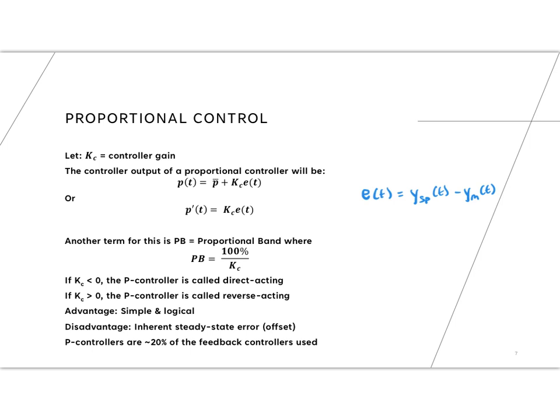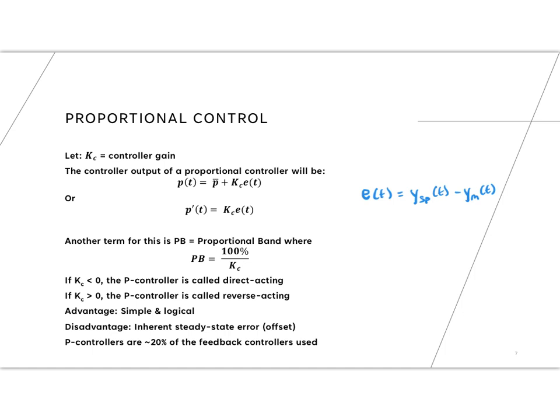Now, the advantage of proportional control is that it's simple and logical, right? Little problem, little fix, big problem, big fix. But this can have some serious disadvantages, and the main thing is that you can end up with something called offset. Okay? Now, offset is an inherent steady state error, that it will go to a value and stay stable in that steady state, but it wasn't the value you wanted.